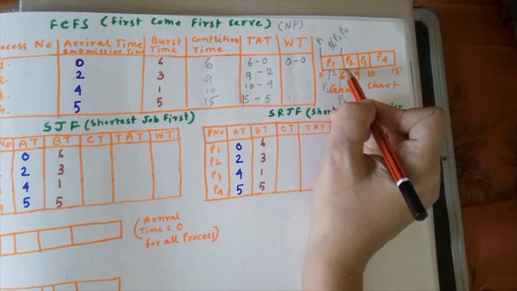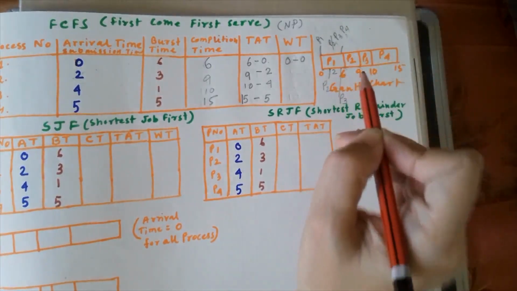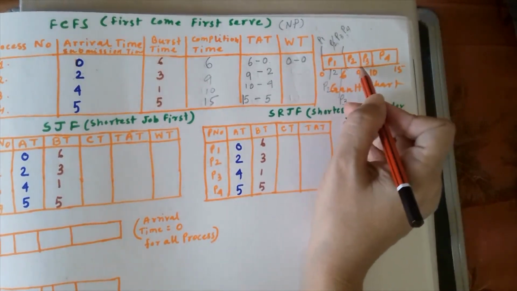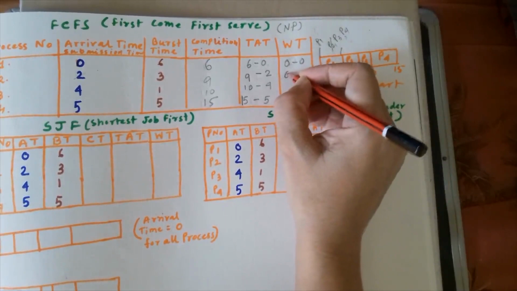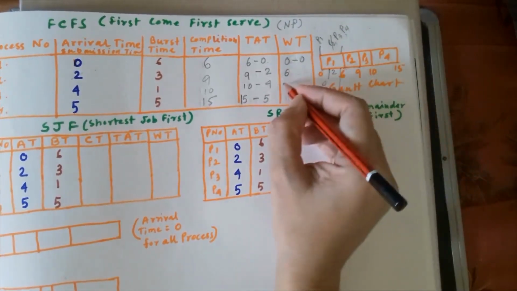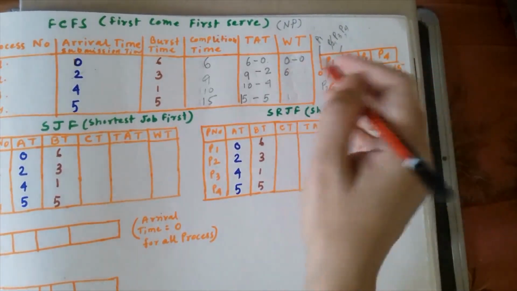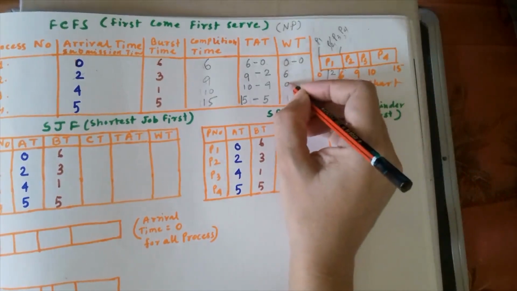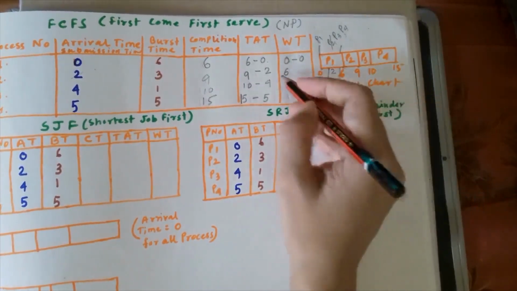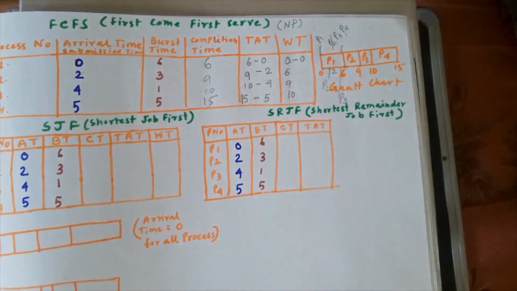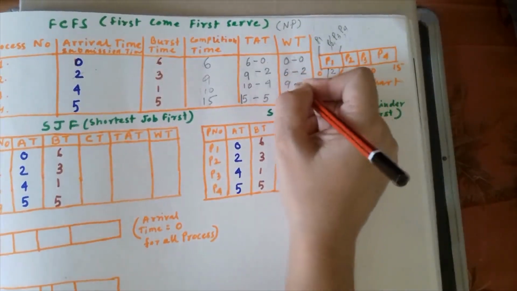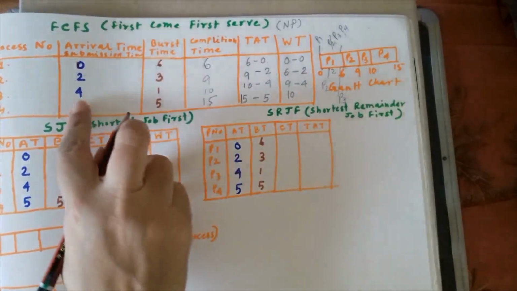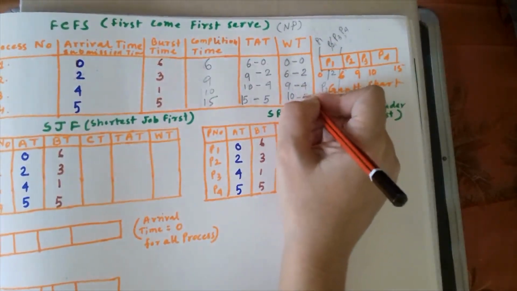In this case, what I will suggest is take the starting time of the process and write it on the left hand side of the subtraction. Take 9 for P3, take 10 for P4 to avoid confusion. Just subtract the arrival time blindly: 2, here it is 4 and here it is 5.